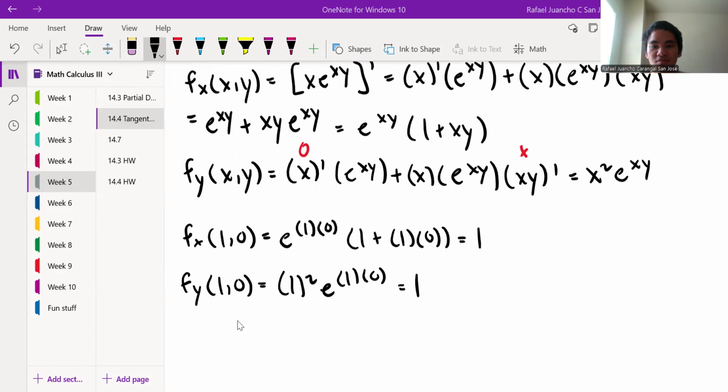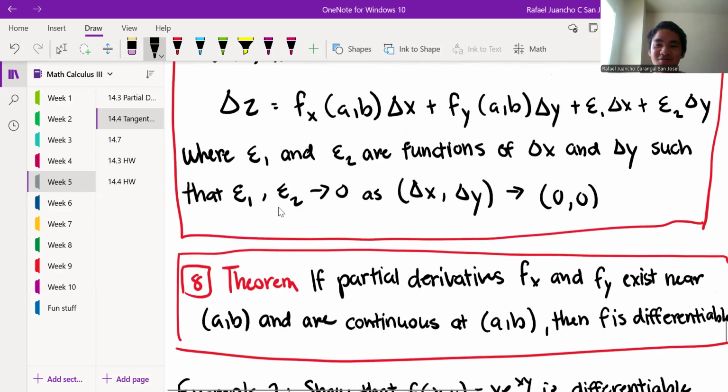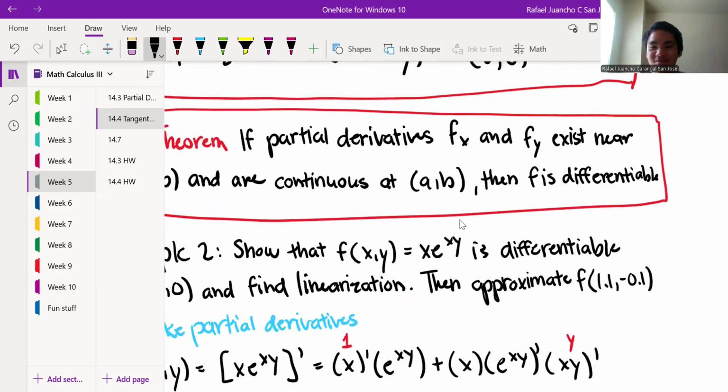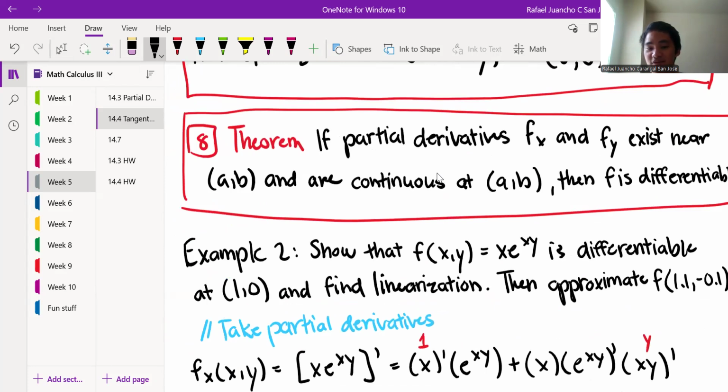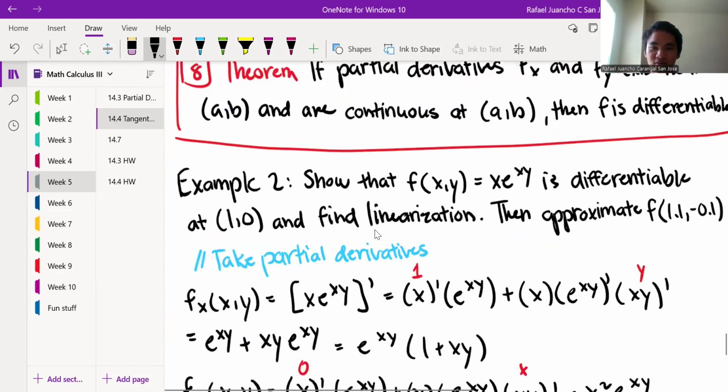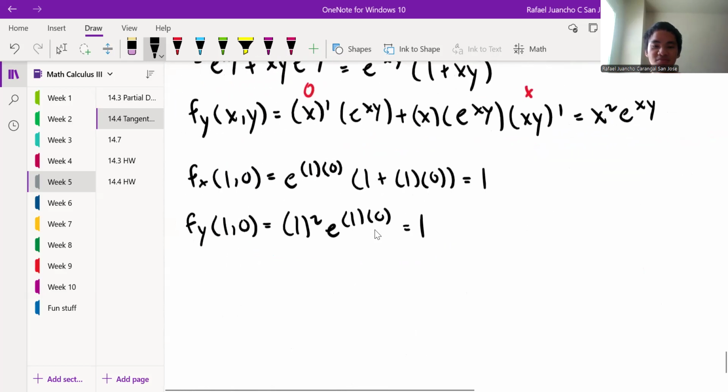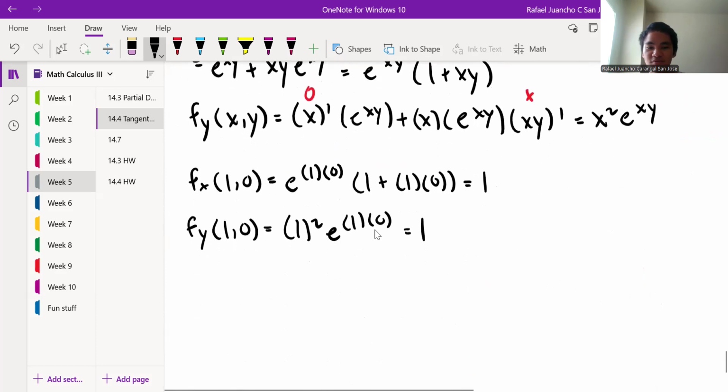Now, by theorem 8, I'm not going to allow theorem 7 anymore. I don't know why I wrote that. For theorem 8, do the partial derivatives exist? They do. Are they continuous? Yes, they are. Is f, then that means f is differentiable. So I'm going to say, since we don't have a solution, I'm going to write a paragraph.